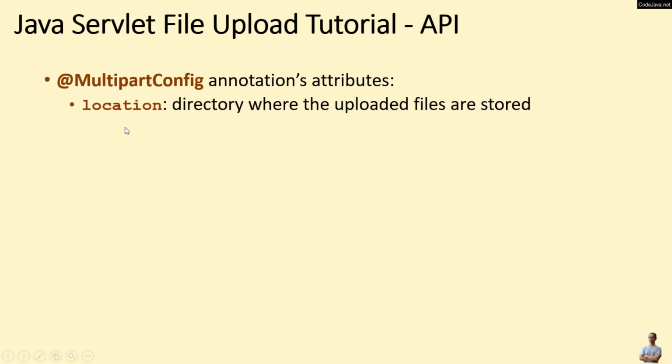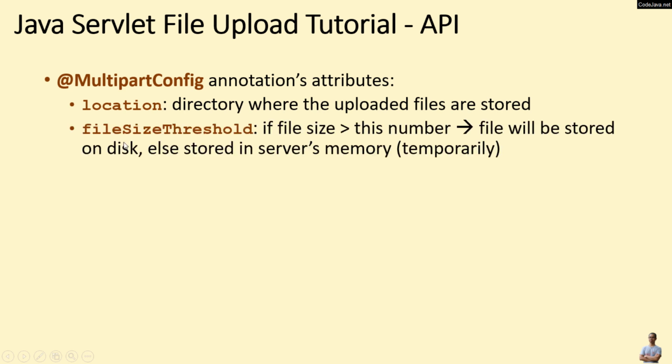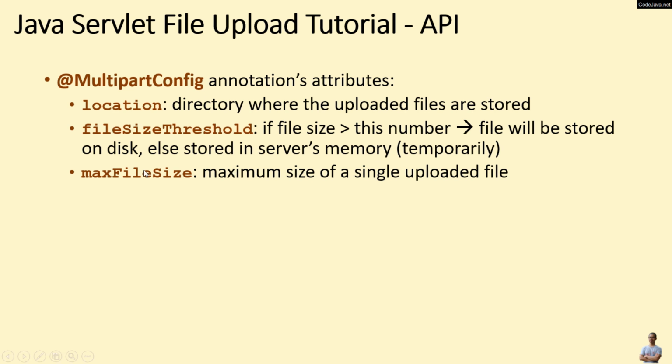The first attribute is location, which is a directory where the uploaded files are stored, and then specify the fileSizeThreshold. If the file size is greater than this number, then the file will be stored on disk, else it is stored in server's memory temporarily. And then we need to specify the maxFileSize, which is the maximum size of a single uploaded file.